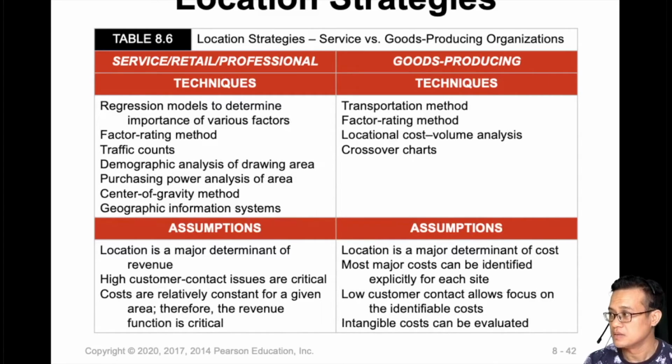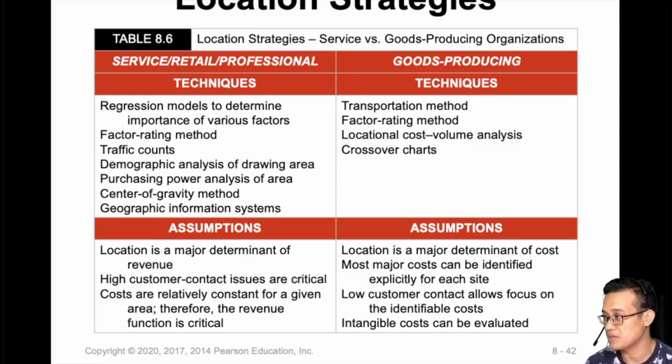These are the techniques you can use for location strategies between service and goods producing organizations. For services you can use a regression model to determine the importance of various factors, while for goods producing, the techniques include transportation methods, factor rating, locational cost, and crossover charts.